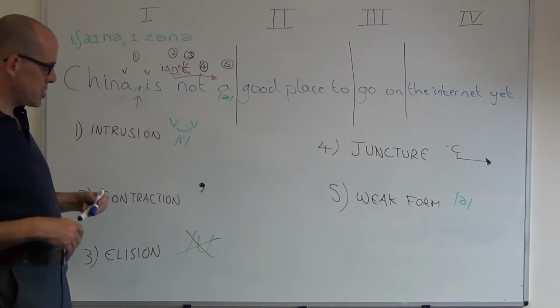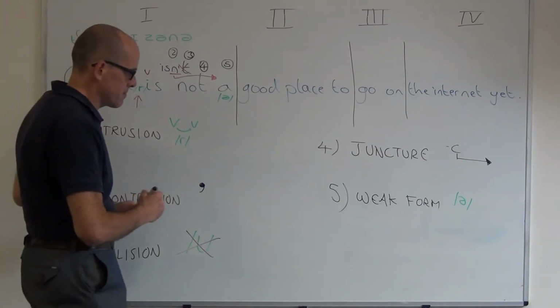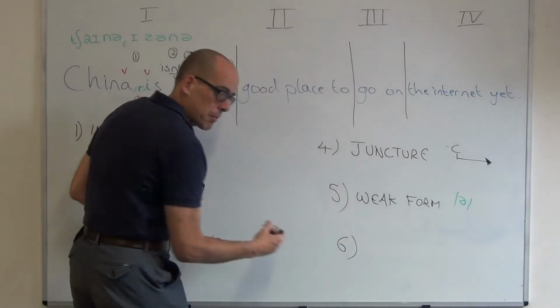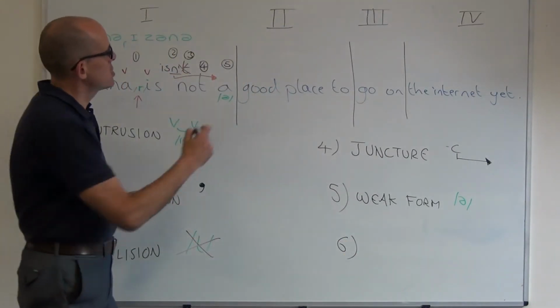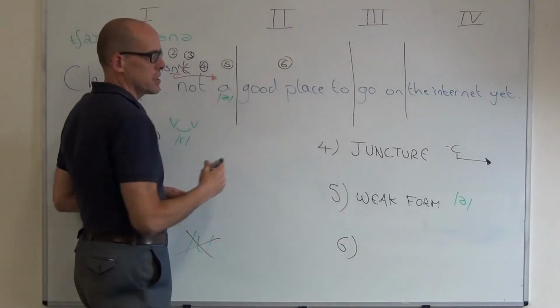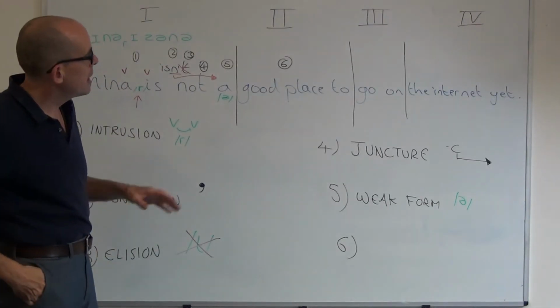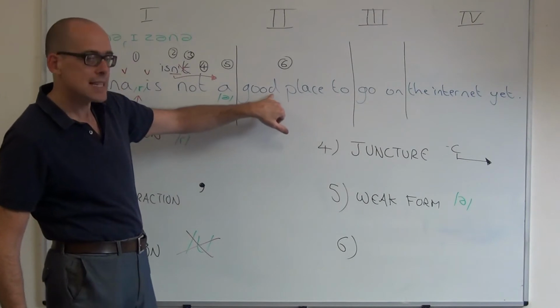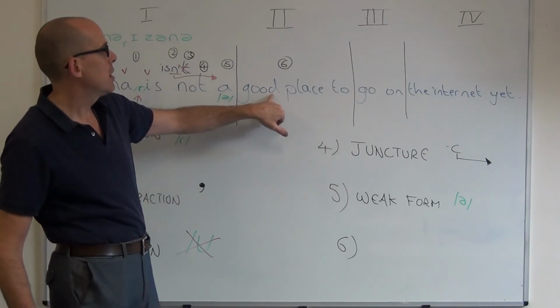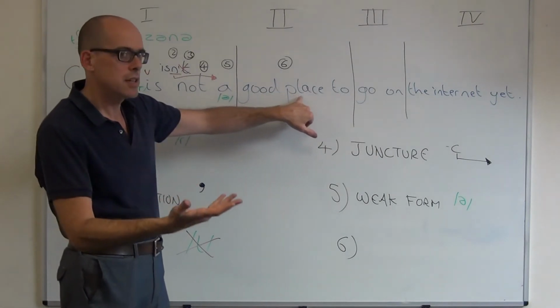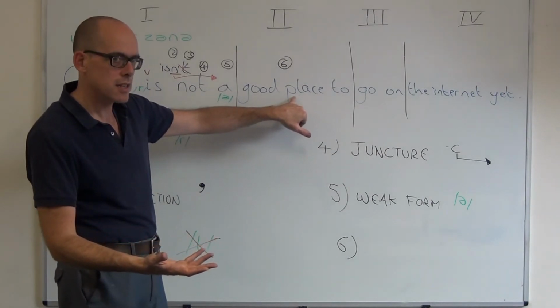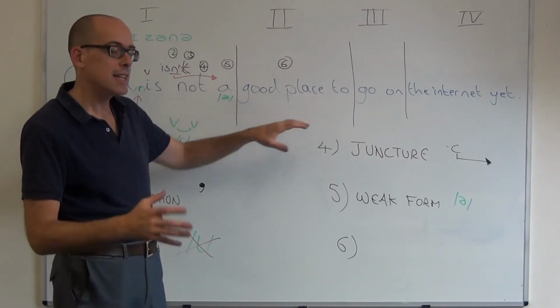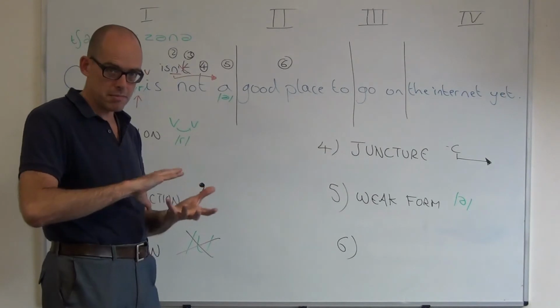But we're not finished yet. There's one more change we can make. And that change is in sound word number 2. Okay? In sound word number 2, we have a word that ends in a consonant, followed by a word that starts in a consonant. And sometimes this causes problems in English.